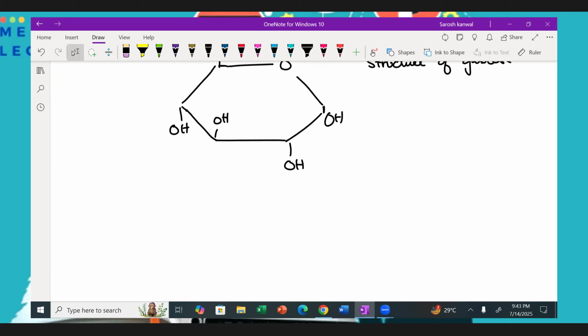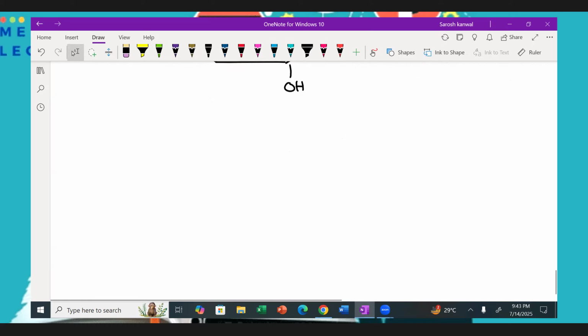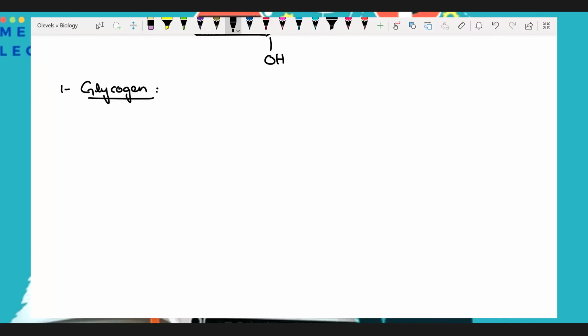Now we could see glycogen. Okay, students, what is glycogen? Ma'am, it's a complex sugar. Good. It's actually made up of many glucose units. So what do we call it, a disaccharide or a monosaccharide?